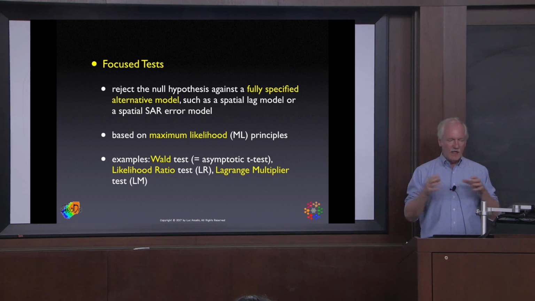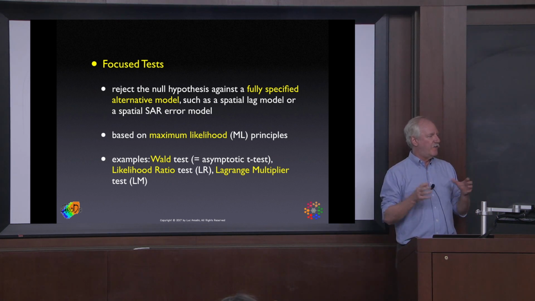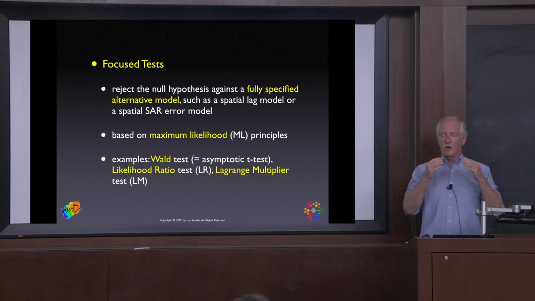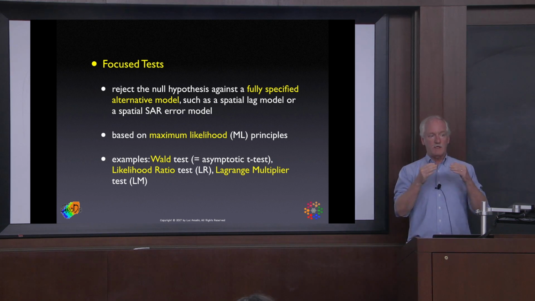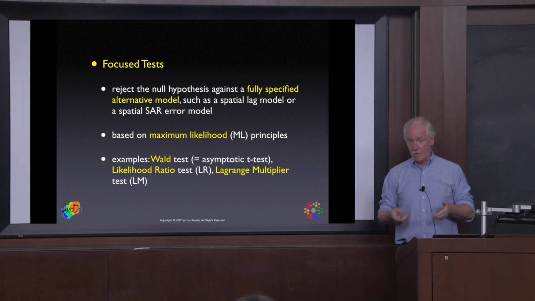You can compute it, and you reject a null. In these highly focused tests, you set up a model. That model is only valid if certain assumptions are valid, and so you have to make sure that these assumptions are in fact valid. So they then require specification tests as well.